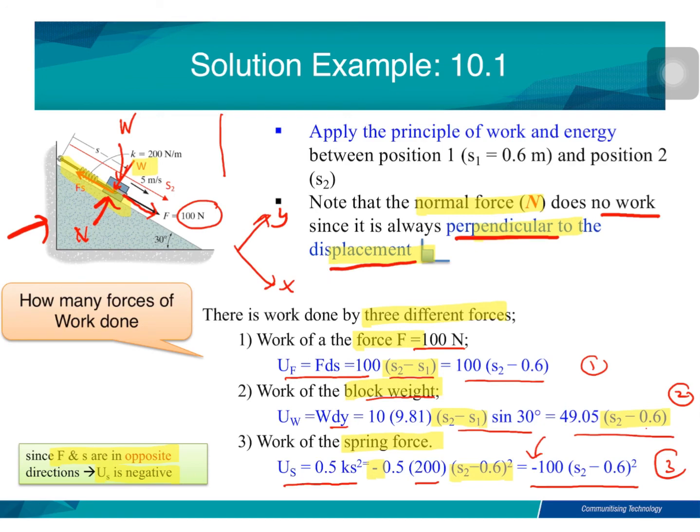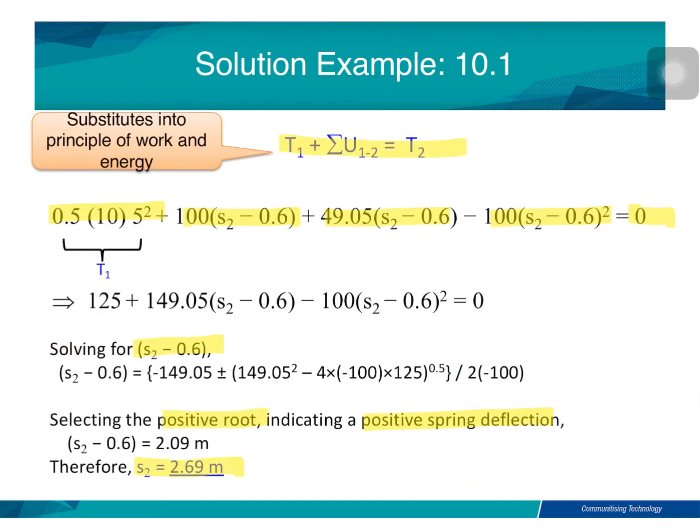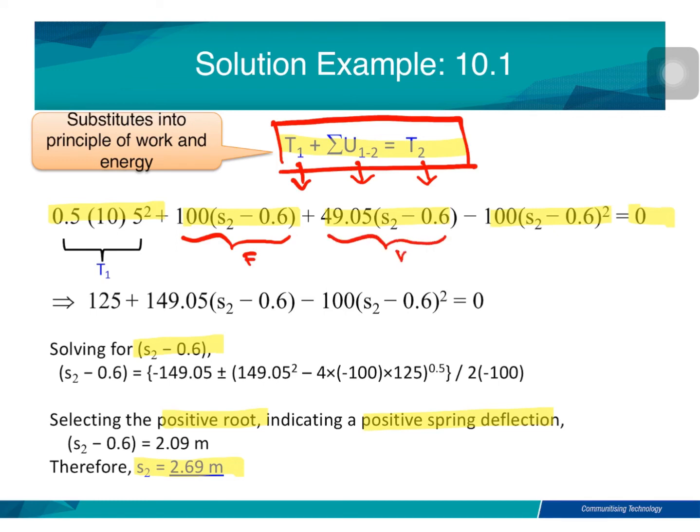Okay, understand? So here you can apply the principle of work and energy. So you substitute what is the T1, what is the work done, and what is the T2. Okay, so this is the T1. Okay, this is your work done from the force. This is the work done from the W, the weight, and this is the work done from the spring.